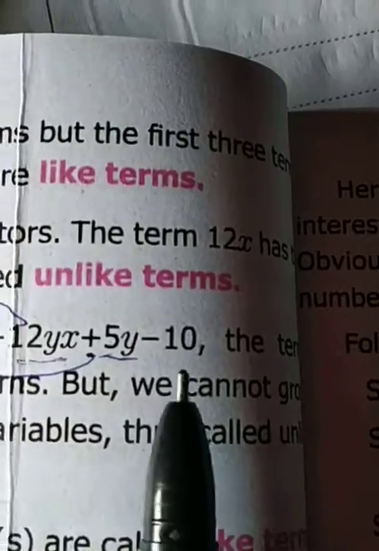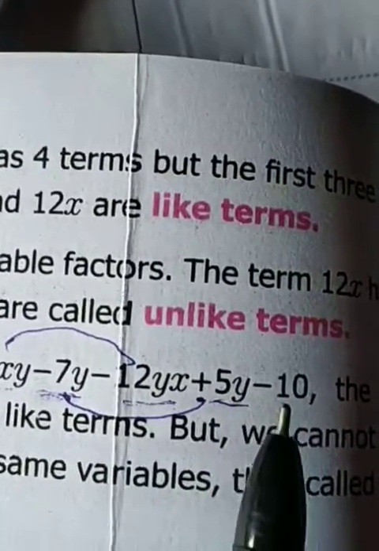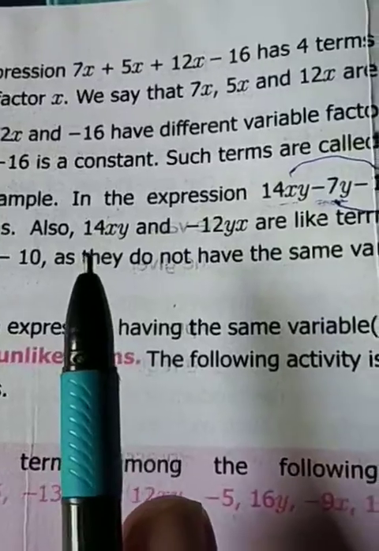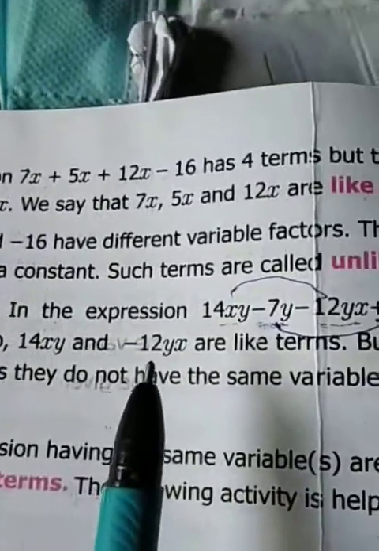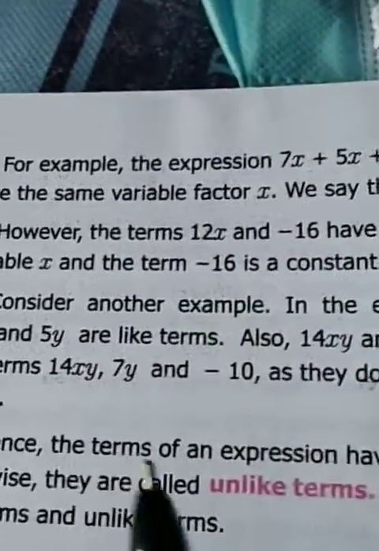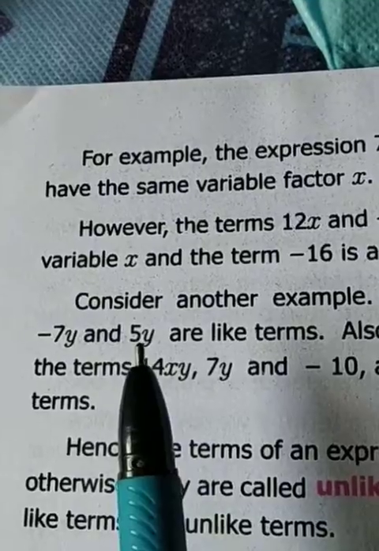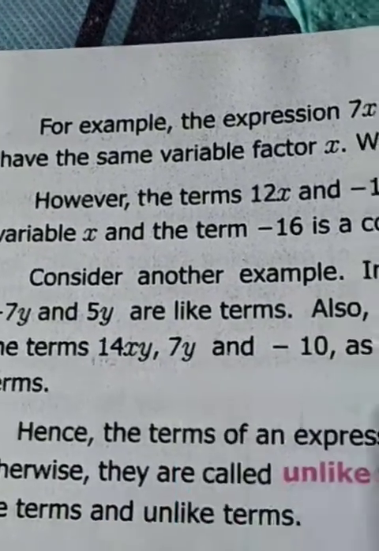Which one is the different, unlike term in this expression? Minus 10, because this is different from these terms. Therefore, 14xy and minus 12yx are like terms, and minus 7y and 5y are like terms.